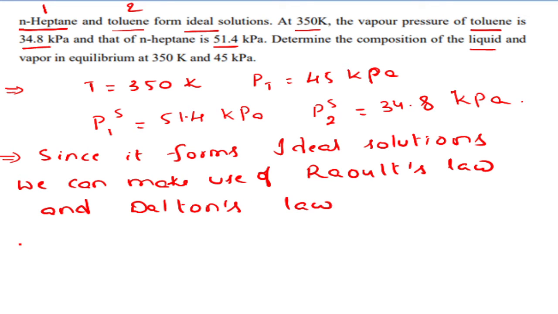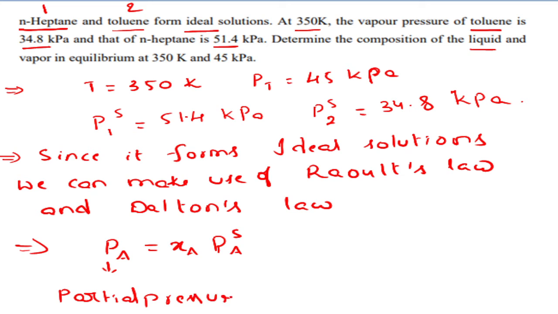So, what are they? Raoult's law says that the partial pressure of a component in the vapor phase is equal to the liquid phase composition multiplied by the vapor pressure of the component in the liquid which is in equilibrium with the vapor. So, we can say like this. Here PA is the partial pressure and PAS is the vapor pressure.